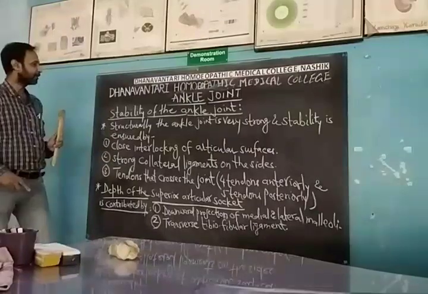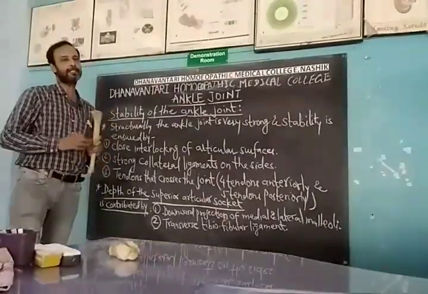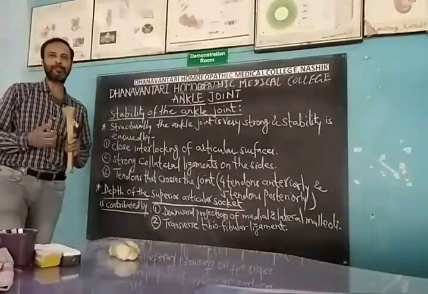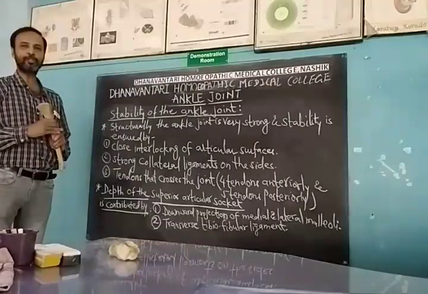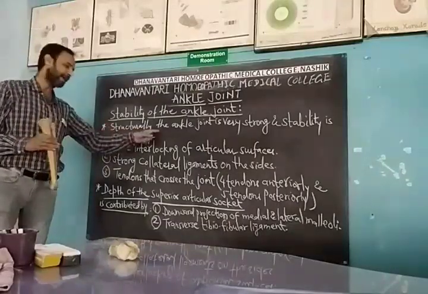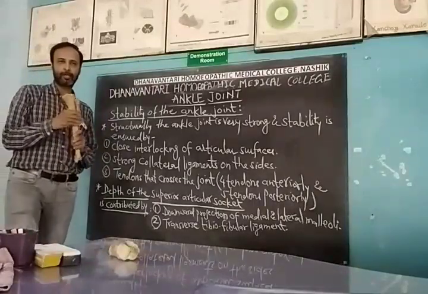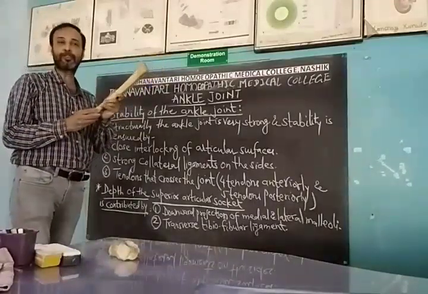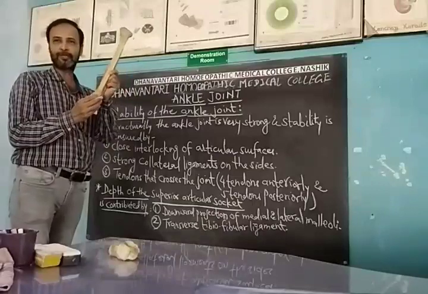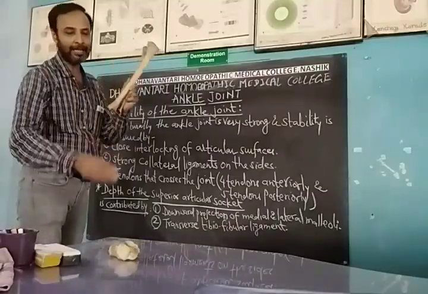Next part we'll see the stability of the ankle joint. As we discussed, the ankle joint is very strong, and the stability of this joint is ensured by the following three factors. First is a close interlocking between the articular surfaces of the malleoli of tibia and fibula and the talus.